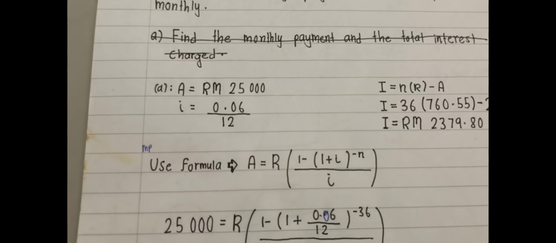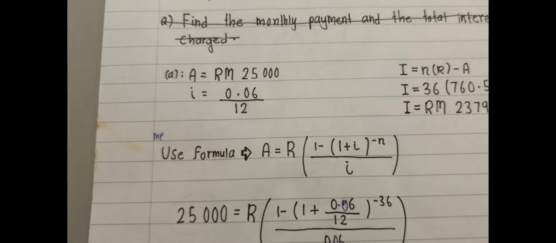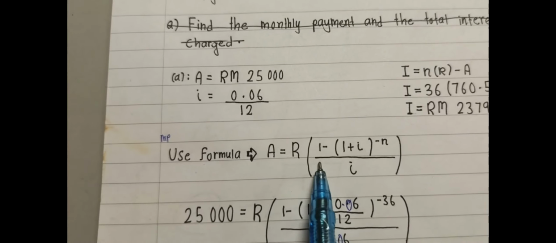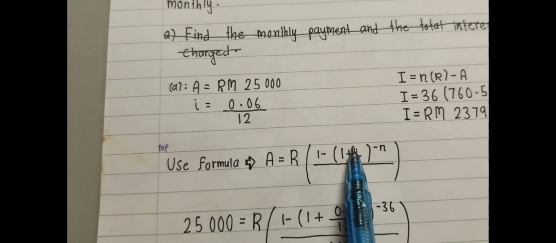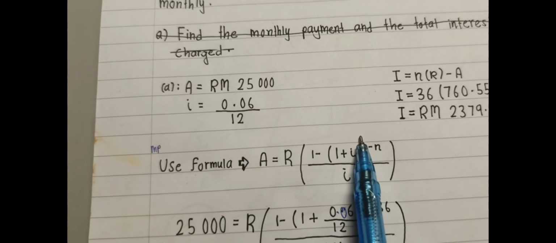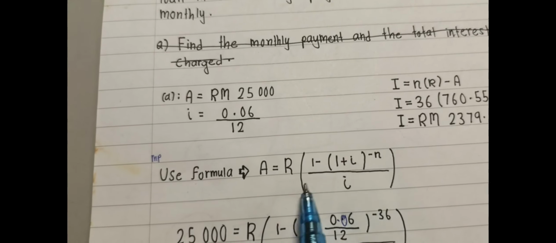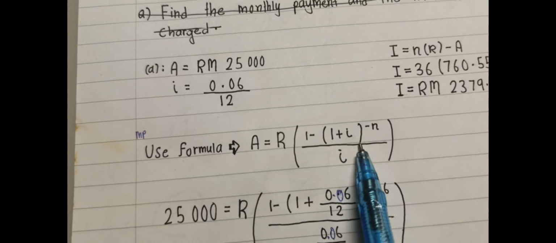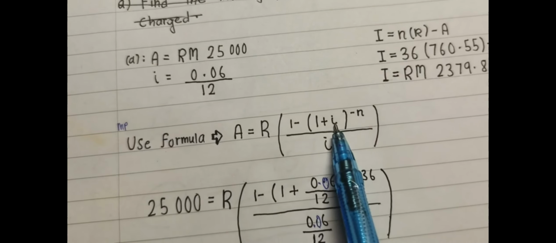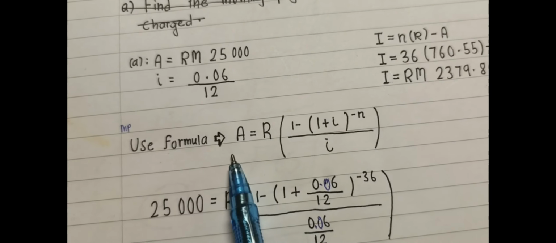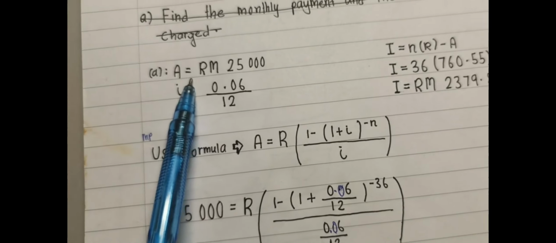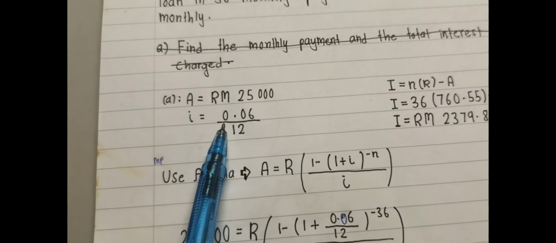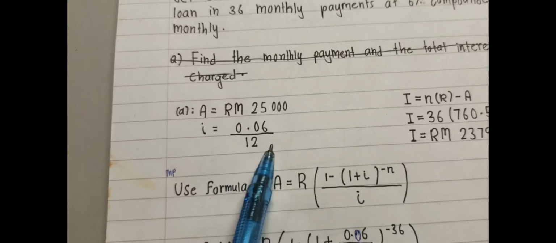To begin with, first we have to use the right formula, which is this: A equals R open bracket 1 minus open another bracket 1 plus j close the bracket, to the power of negative n, over j, close the bracket again. With that, we first have to find the value of R. A equals RM 25,000, while j equals 0.06 over 12.